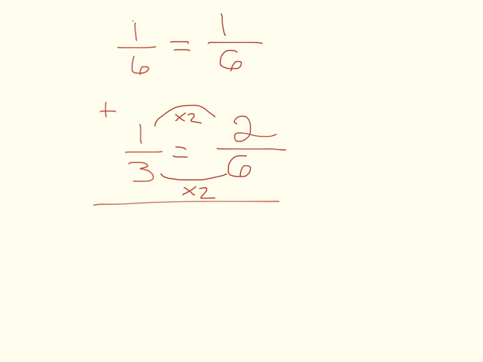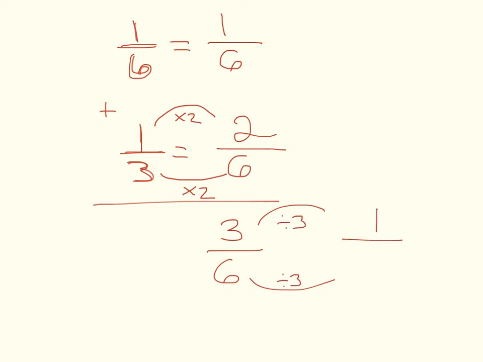Instead of doing 1/6 plus 1/3, I'm going to do 1/6 plus 2/6. So 1/6 plus 2/6 is 3/6. But that's not in simplest form because I can divide the numerator and denominator by 3. So 3 divided by 3 is 1, 6 divided by 3 is 2, and there's my answer, 1/2.